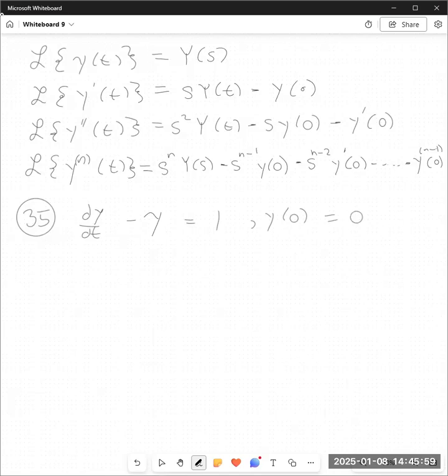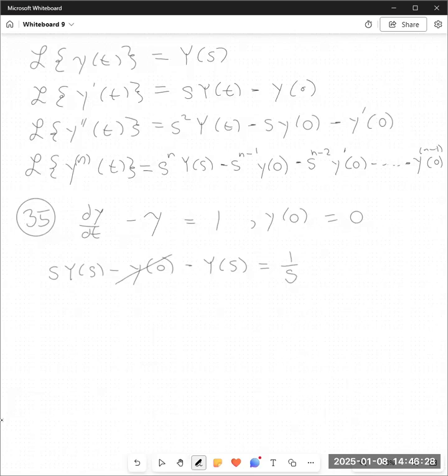So the first derivative I have defined up here: s Y of s minus little y of 0, and then y we have defined right there, Y of s. You can just look for the right-hand side, the Laplace transform of 1; look on your table, it's 1 over s. So this was 0, I'm not considering it.